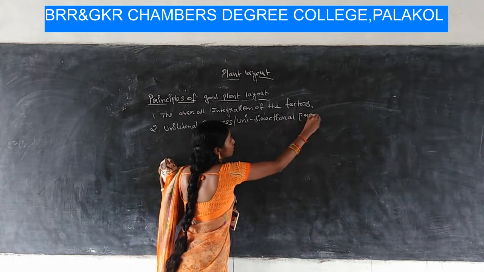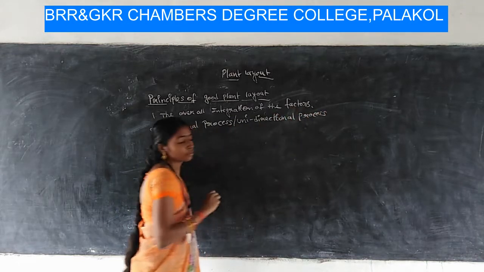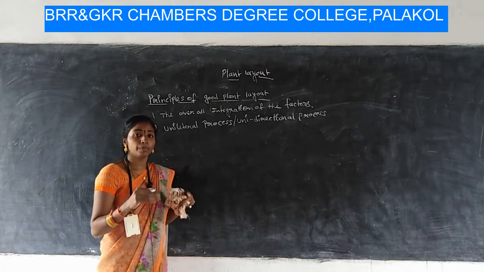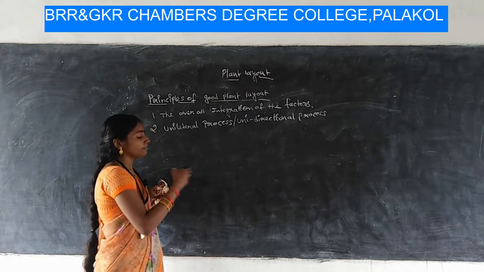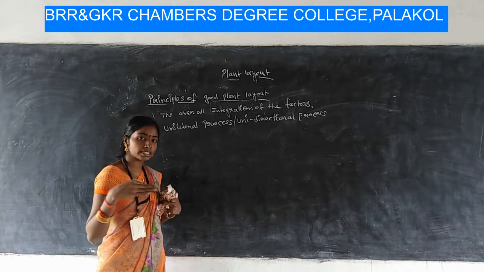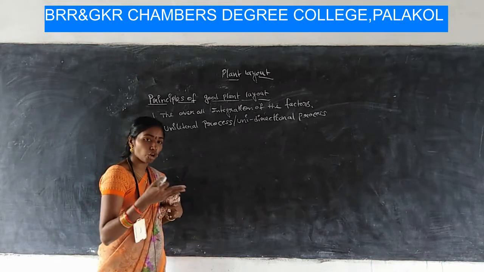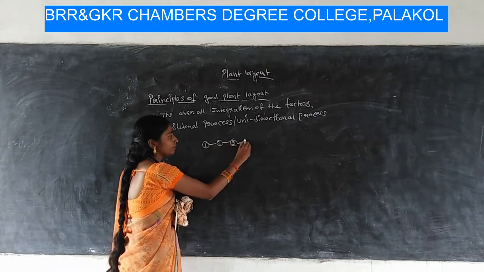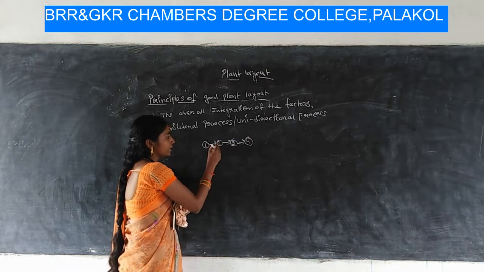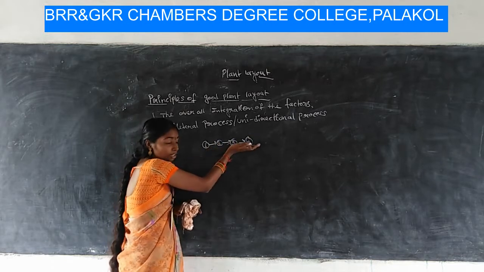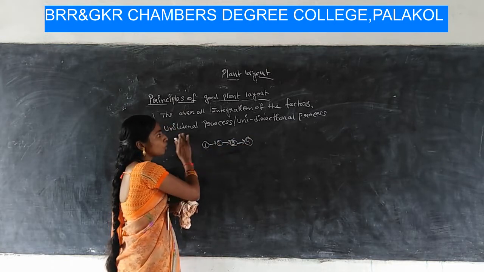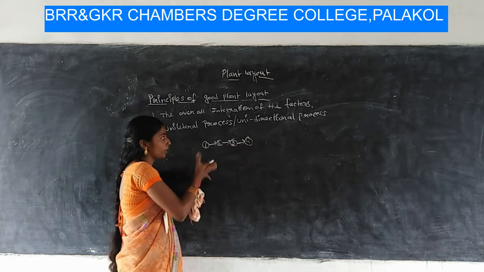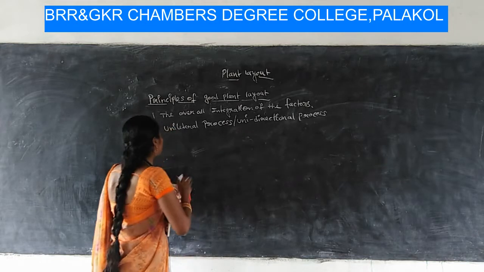Unidirectional process means a good plant layout is prepared in such a way that the raw materials flow in one direction, which means forward movement from machine 1 to machine 3, 4, like this. It has to move in the forward direction without backtracking. So only one direction is there, that is forward. Backtracking is avoided. This is another principle.